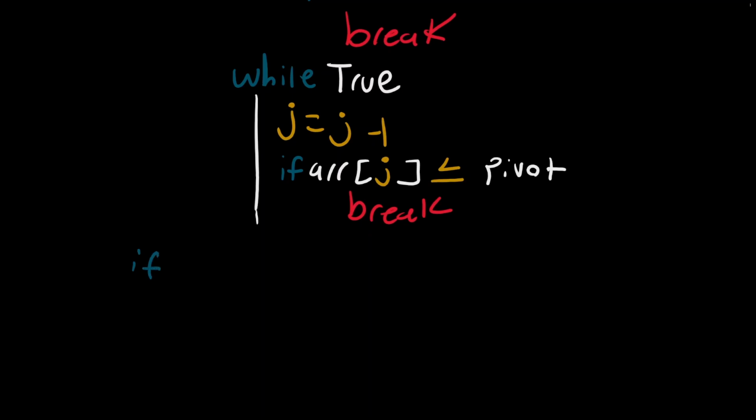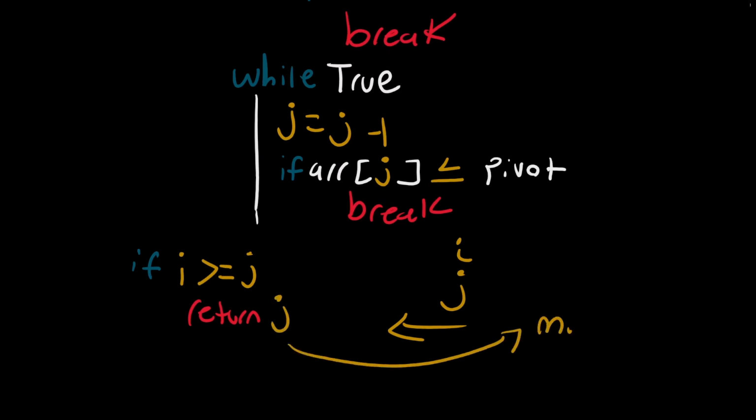If i is greater than or equal to j, so if j crossed i here, I want us to just return j. And now j, after this return statement, is going to become that midpoint we saw.